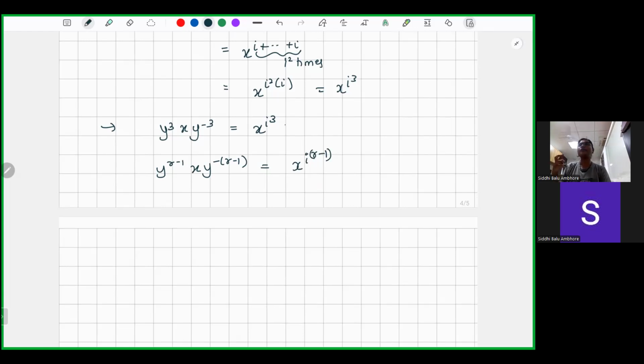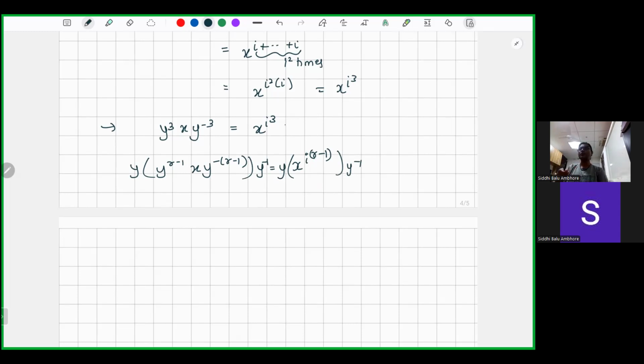And then what I will do is again multiply here by y, here by y inverse, here also y, and here by y inverse. And I will split each of these x, r minus 1 times. And then each of these r minus 1 pairs will be giving me x power i.